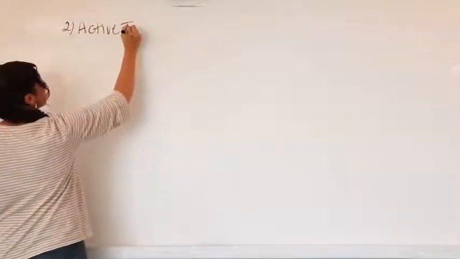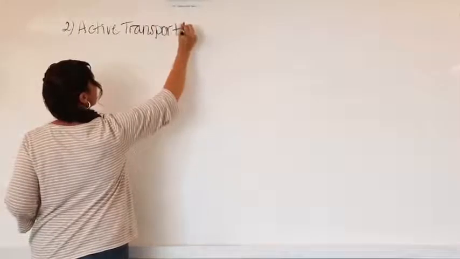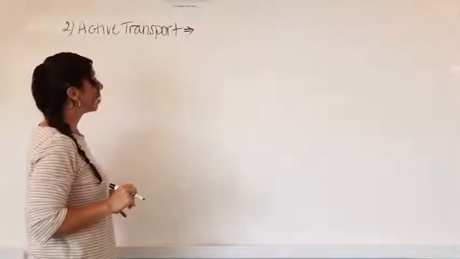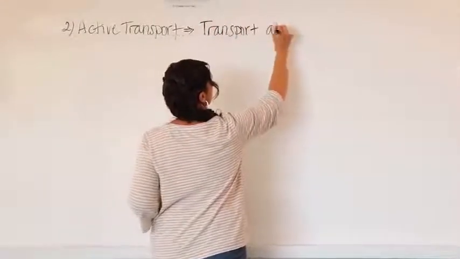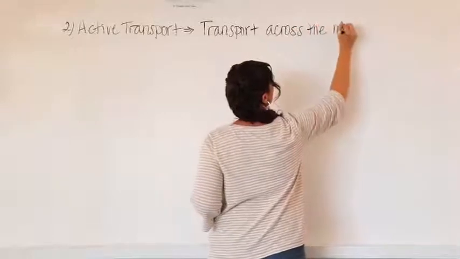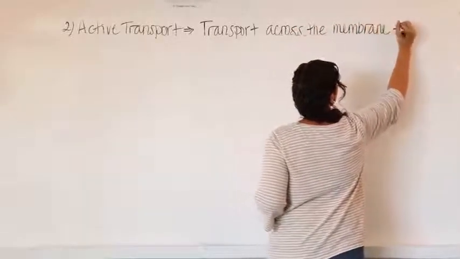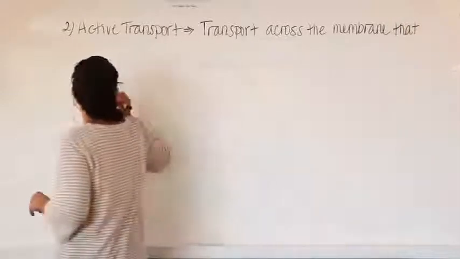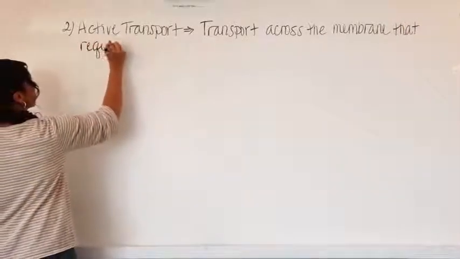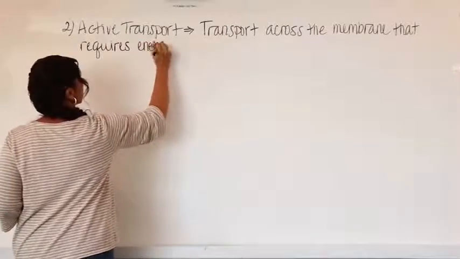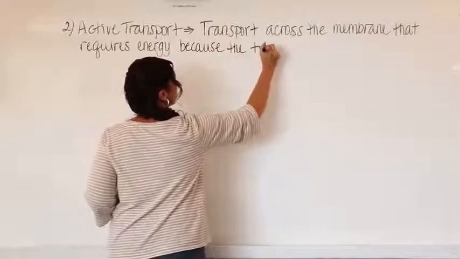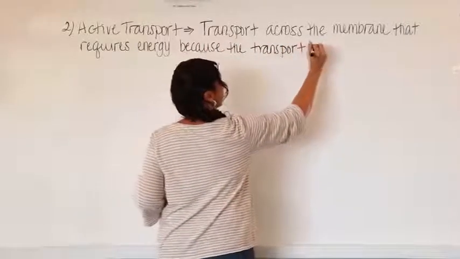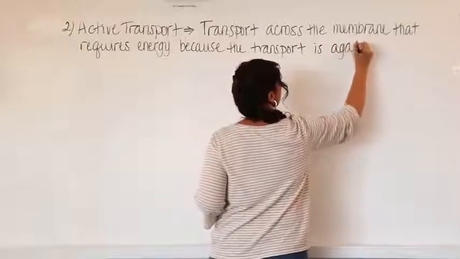So number 2, active transport. This is transport across the membrane that requires energy, because the transport of whatever we're doing is against the gradient.